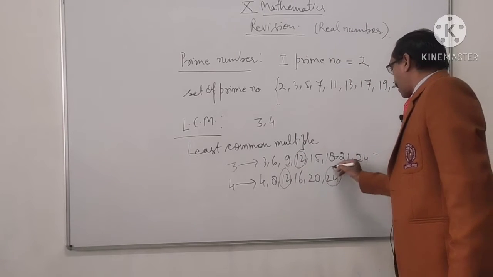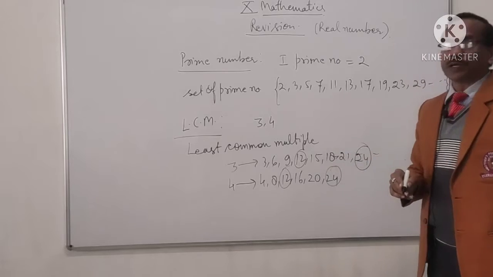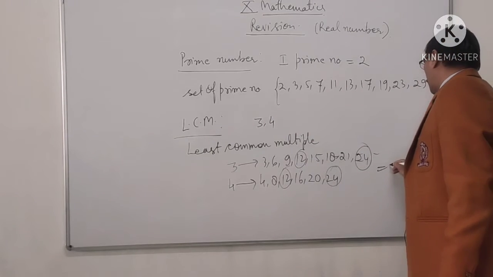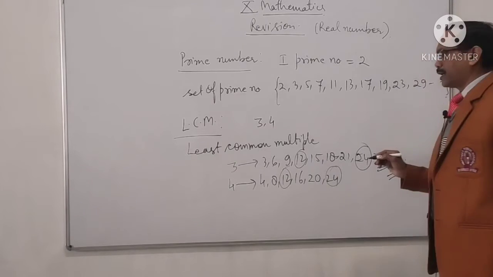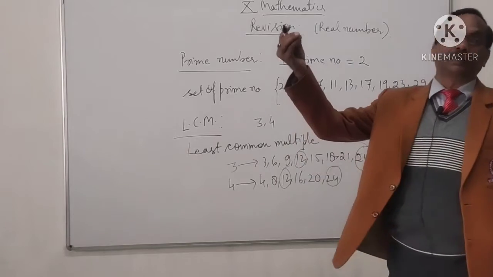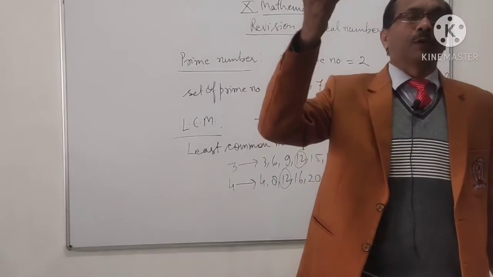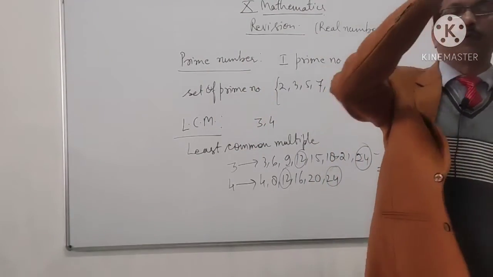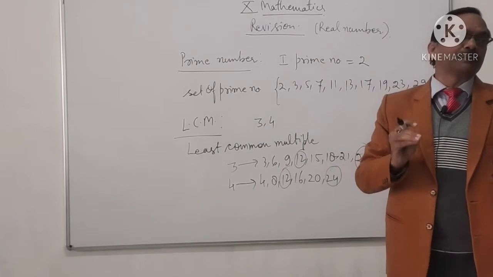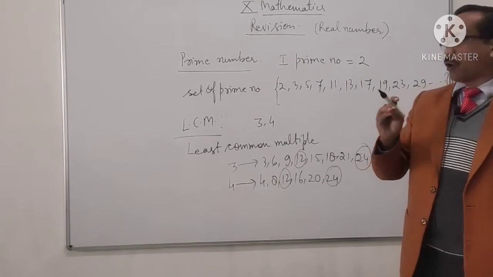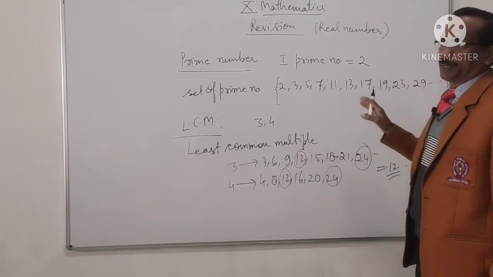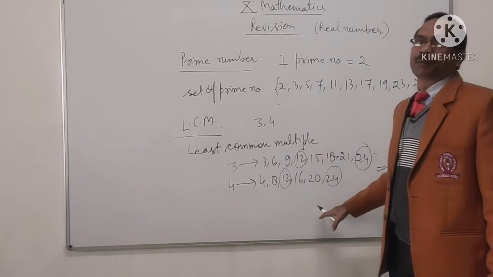The second common multiple is 24. So what is the least common multiple of these two numbers? It is 12. Right? The least common multiple of two numbers is obtained when we write the tables of both numbers, then find the first common multiple. The first common multiple of both numbers will be the least common multiple. So 12 is the LCM.